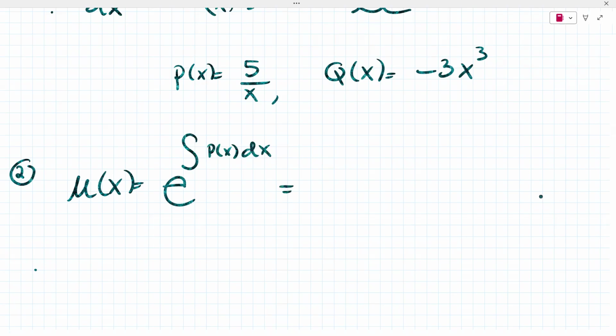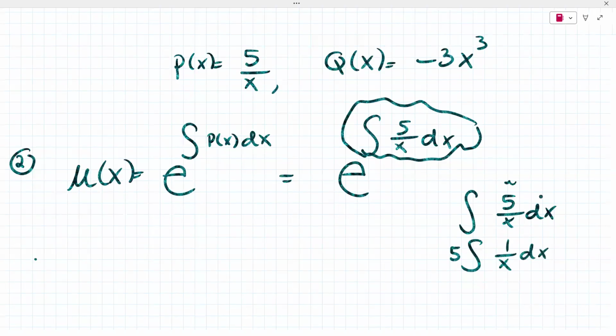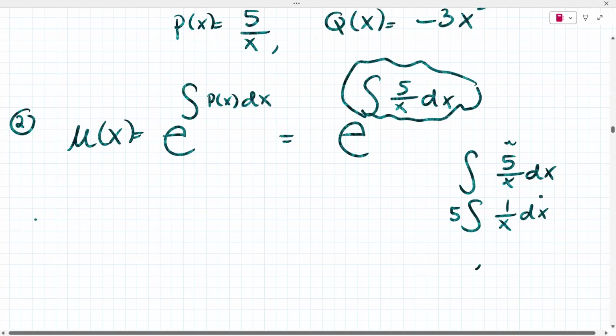So that is e to the integral of 5 over x dx. So let's find what this is. What is the integral of 5 over x dx? That's easy, right? This 5 is a constant, so you can take that out, and now you have 1 over x dx. What is the integral of 1 over x? It's the ln of the absolute value of x, and then you have a 5.